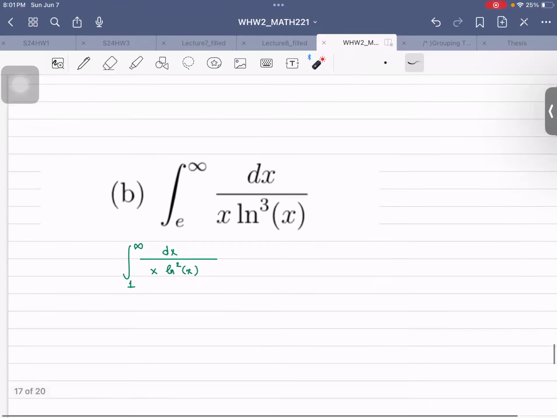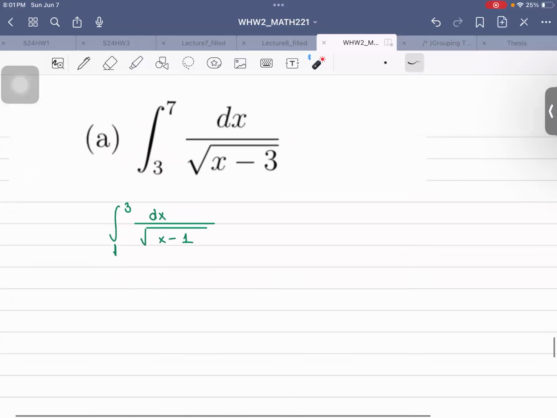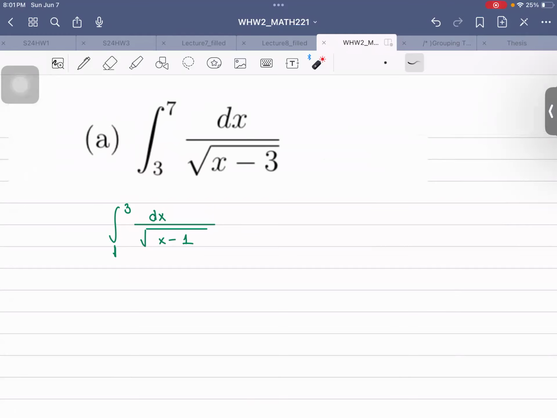The second type is when one of the bounds is infinity. The idea of solving this problem is you're going to replace the bound where you have the problem by a new variable t, evaluate that new integral in terms of t, and after you get the final result you will use the limit.